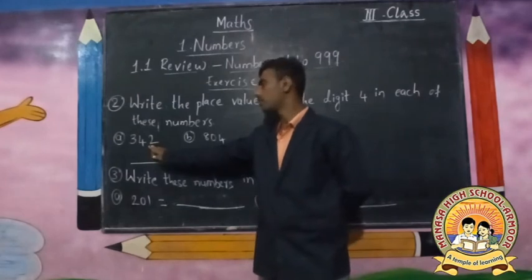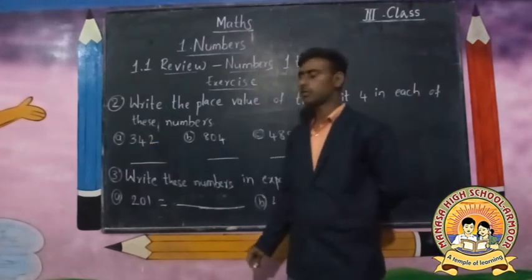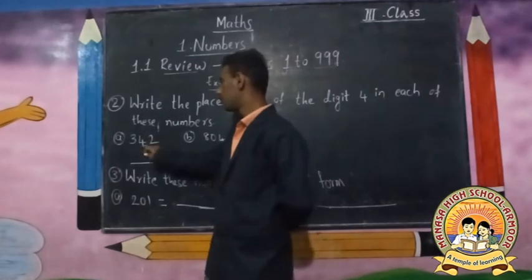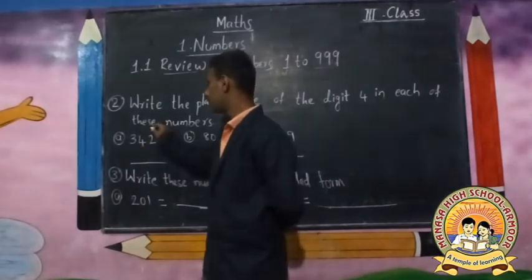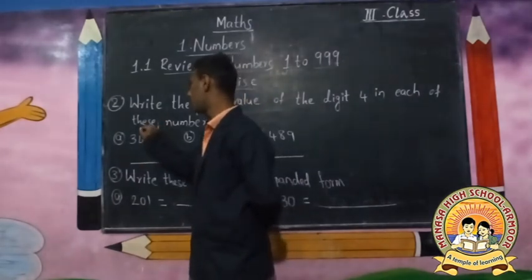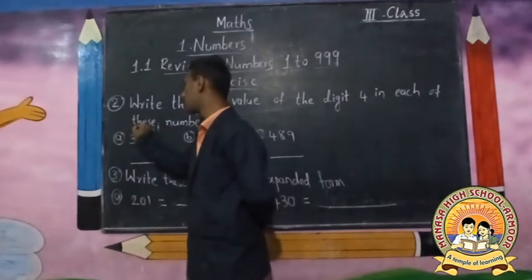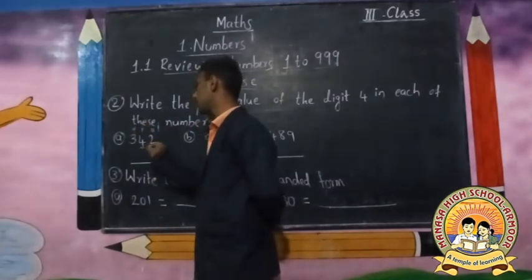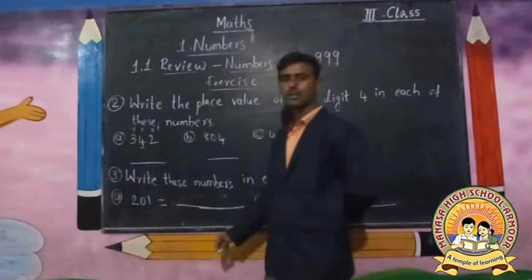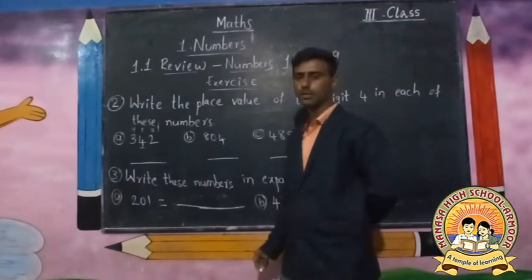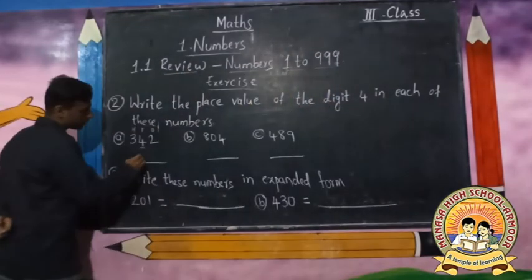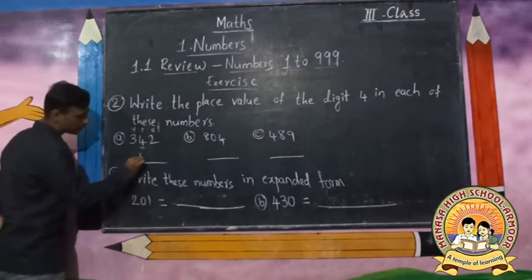We have to write the place value of 4. So 2 in ones place, 4 in tens place, 3 in 100 place. So 4 is in tens place. So what is the place value of 4? So 4 place value is 40.